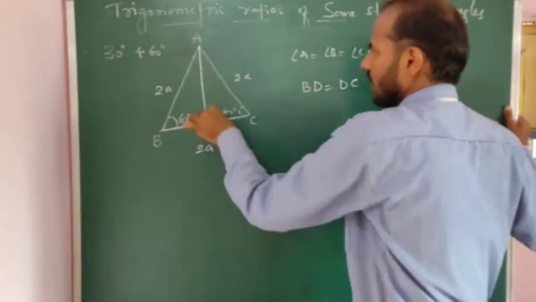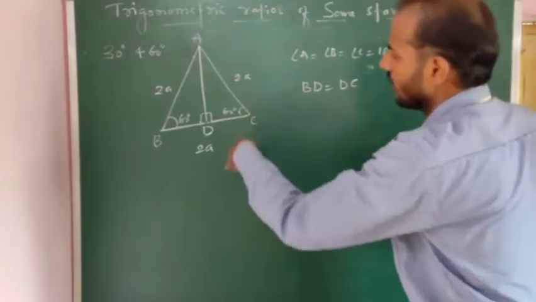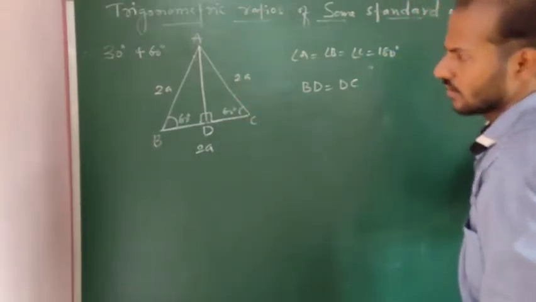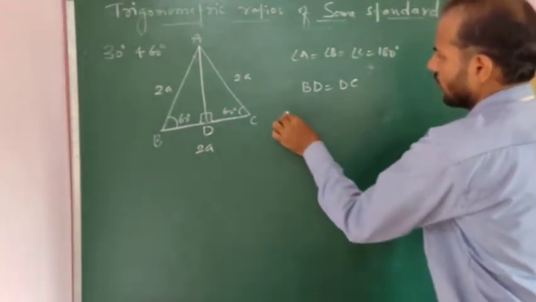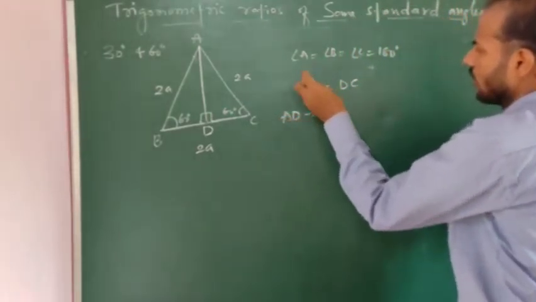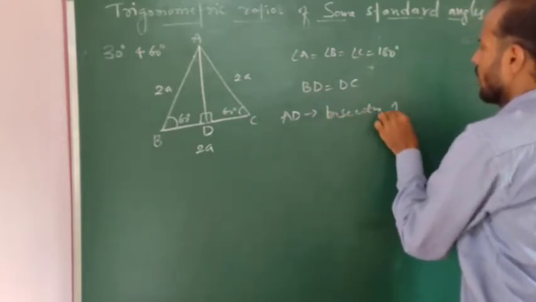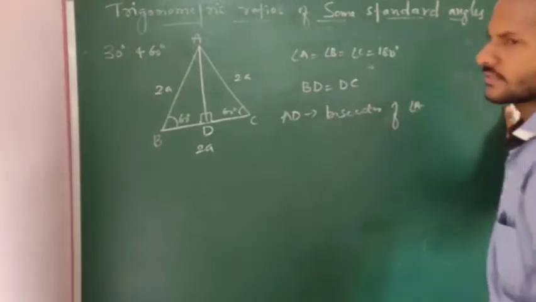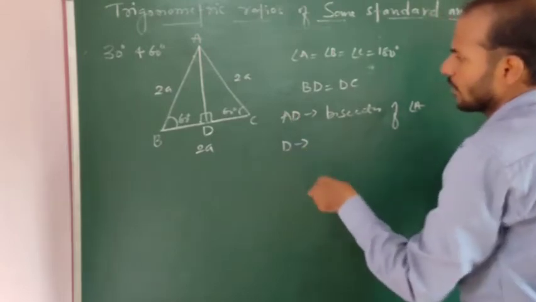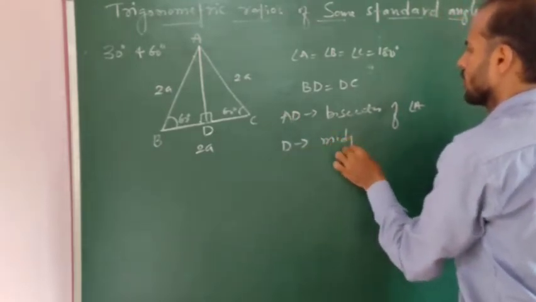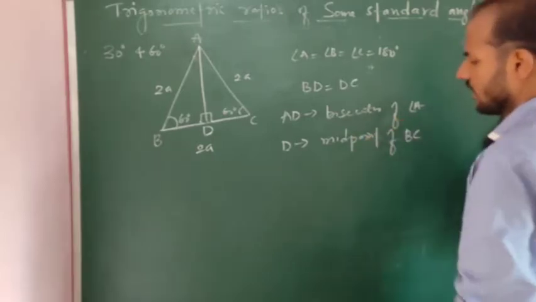If I bisect this equilateral triangle by AD, where AD is the bisector of angle A, and D is the midpoint of BC.